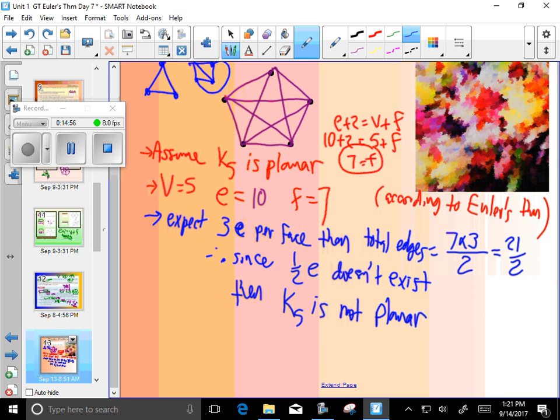Patrick. Can you also say that... Say that again.